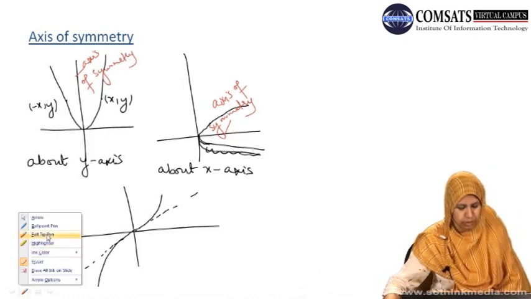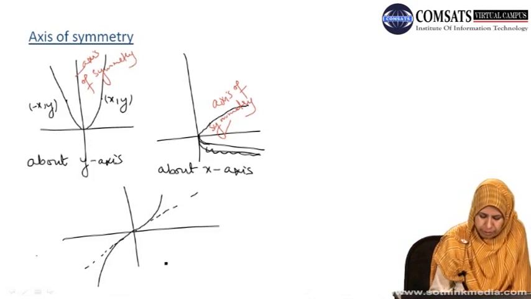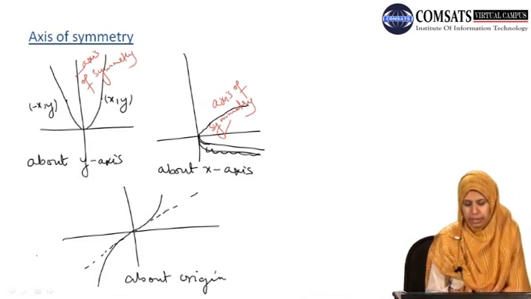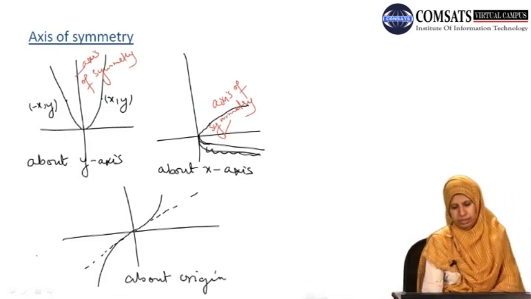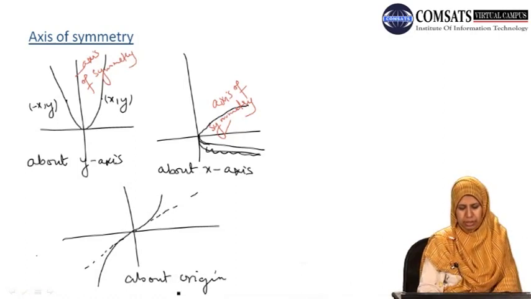Now this is a graph which is symmetric about origin. Fine, and we can clearly see that the point x, y lies on the graph, so the point minus x, minus y also lies on the graph.